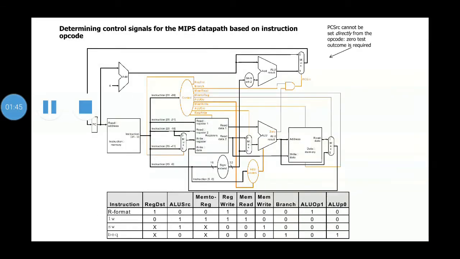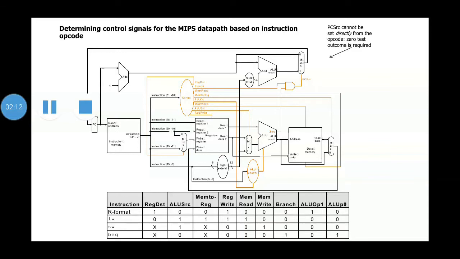So how can we determine the control signals for the MIPS data path based on the instruction opcode? If you see this tabulation, it tells us that we need to set the control signals as ones or zeros according to the instruction. If you see the R format, RegDst, RegWrite and ALUOp1 take 1.